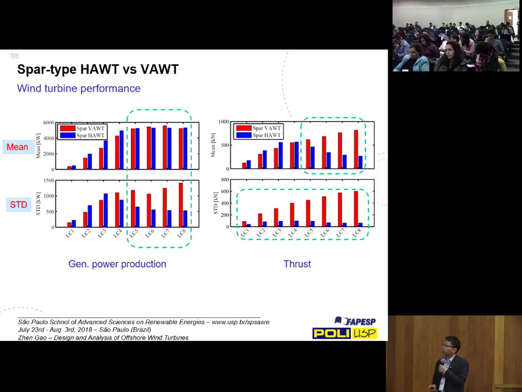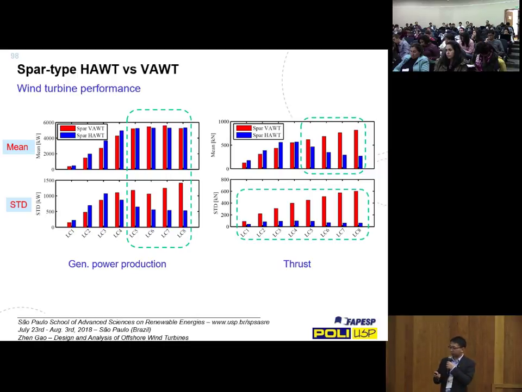And then we look at the power performance, and these are the mean values of the power performance. Of course, we look at the different load cases we explained before. The mean values are more or less the same, but for variation of power, certainly the vertical axis wind turbine has relatively large variations.